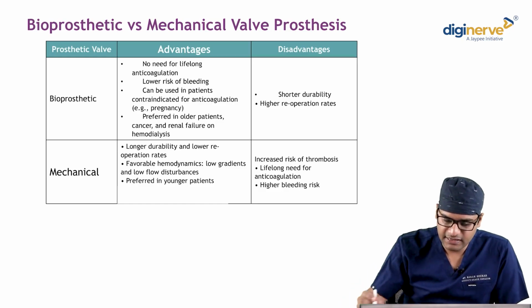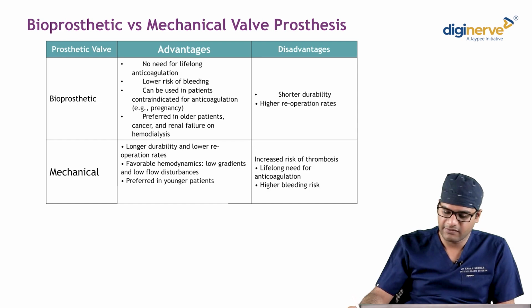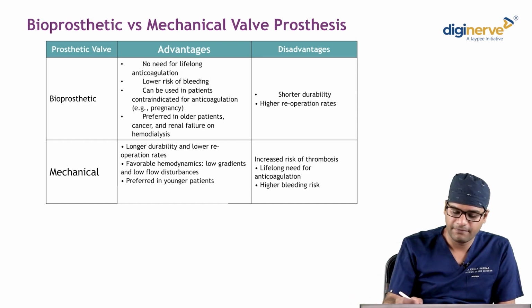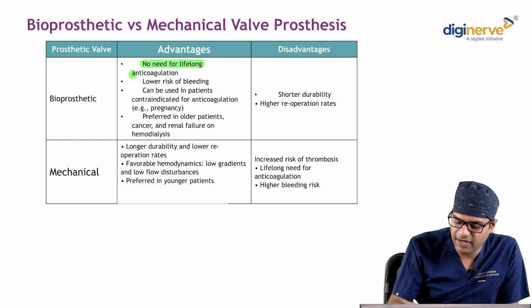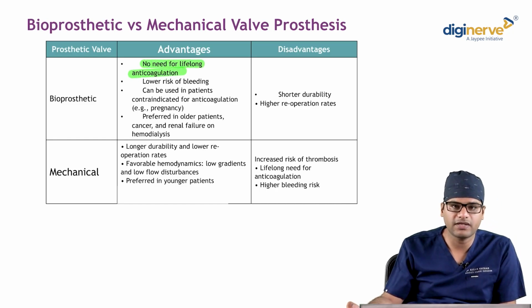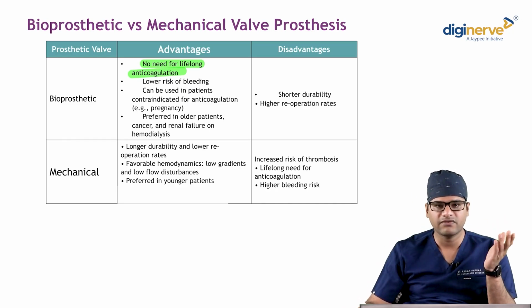So let us discuss the differences between bioprosthetic and mechanical valve prostheses, and we'll see where what can be applied. When it comes to bioprosthesis, there is no need for lifelong anticoagulation. Patient can do without anticoagulation. Essentially, the first 3 months are a blanket warfarin dose that is not monitored under therapeutic dose, but just given as a blanket dose.